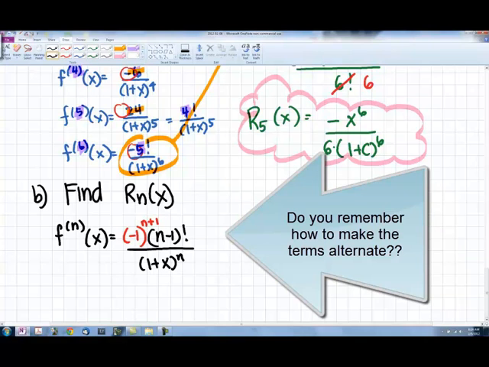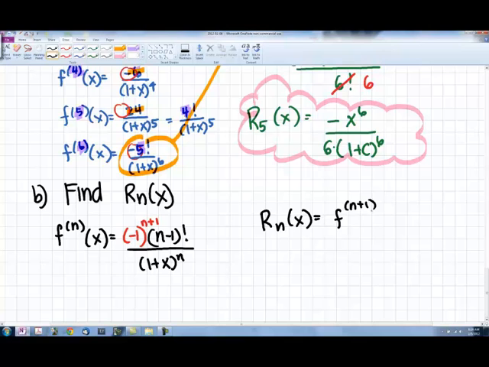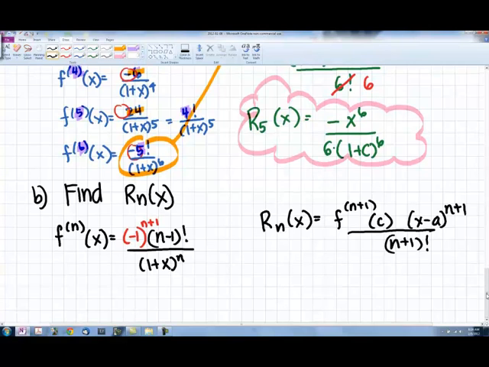And my remainder always comes from the n plus 1 derivative, so that means I need to plug in my n plus 1 derivative of f, times that by x minus a to the n plus 1, over n plus 1 factorial. It's the same thing that we've been calculating above.